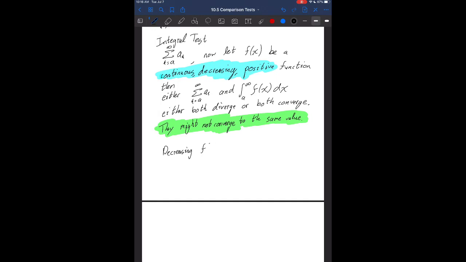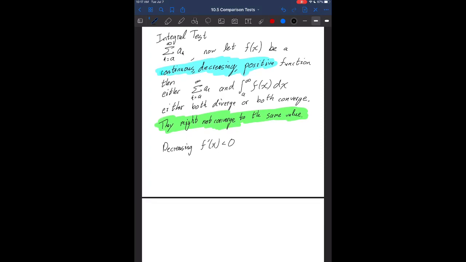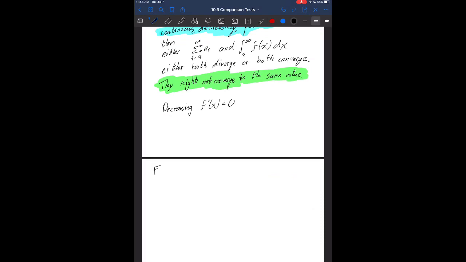So for decreasing, we're really looking for something like f prime of x is less than 0. Or you can just say, as we put in larger and larger x values, my output will get smaller and smaller and smaller.